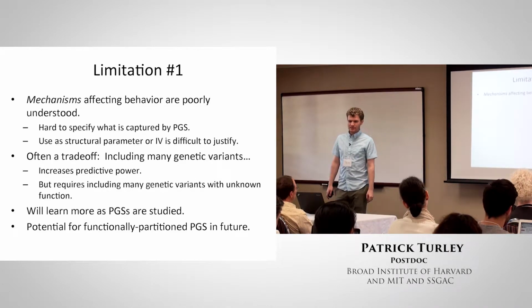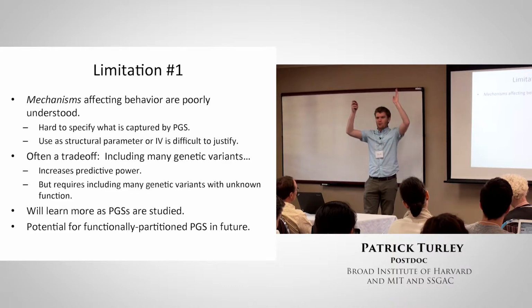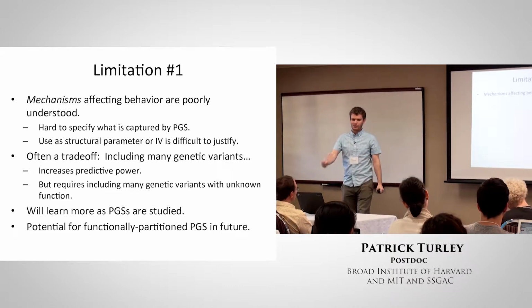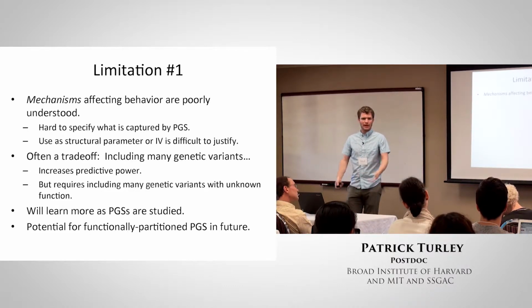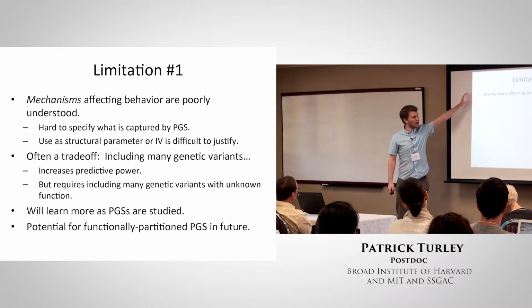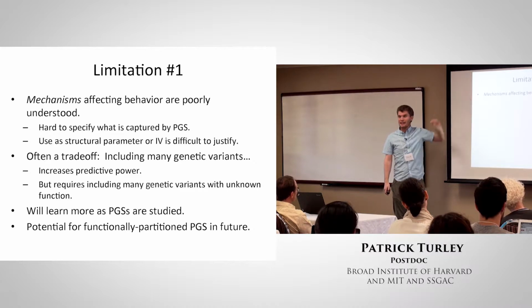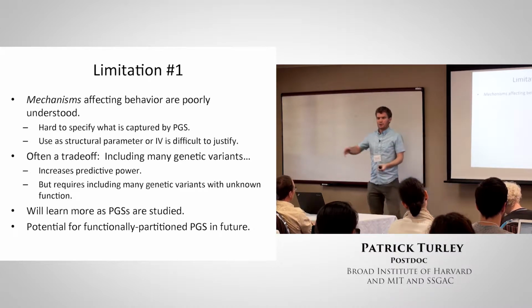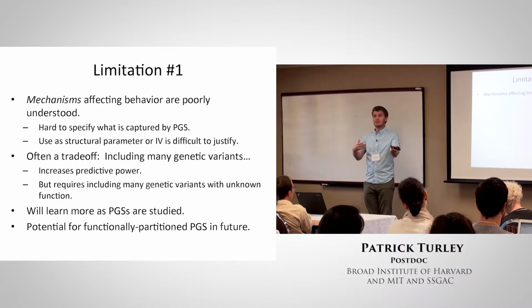There are a few limitations to polygenic scores. I've been talking about how wonderful these things are. They're great, they're super powerful, and we can apply them after our data's all been used. But the big problem is that we don't necessarily understand the mechanism. Before, we had a single SNP, and we'd say, oh, the SNP's associated with it.